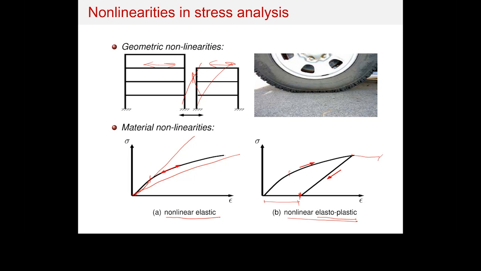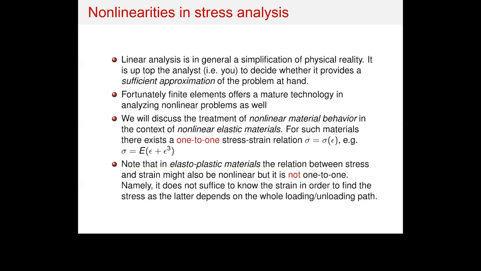So in order to understand fatigue, it is very important to understand the cyclic loading as well. So as I said, we are going to discuss a relation between stress and strain that is going to be nonlinear. So we are going to discuss nonlinearity due to the material behavior, and this is going to happen only in relation to the stress and the strain.